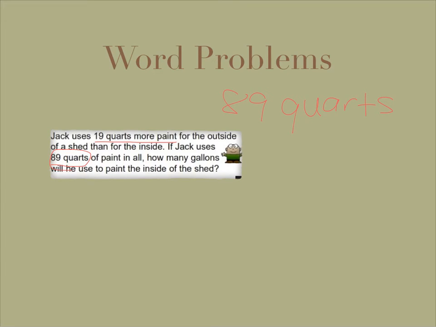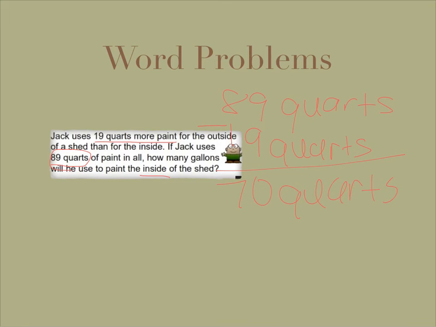So it says that if altogether he used 89 quarts, but he needed to use 19 more for the outside than the inside, and we're trying to figure out how much he needs for the inside, that means I need to subtract 19 quarts from his original amount. When I subtract 89 minus 19, I get 70 quarts.